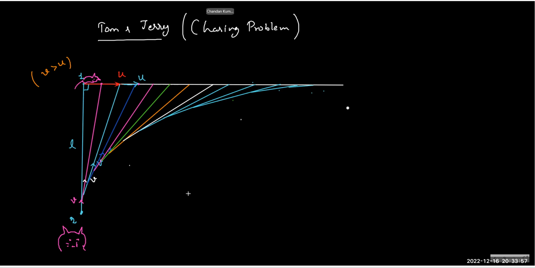Do you see the path traced by Tom? The path is constantly changing, isn't it? Whereas the path by Jerry is constant. You can see it's a straight path. So in this case, is the approach constant or variable?